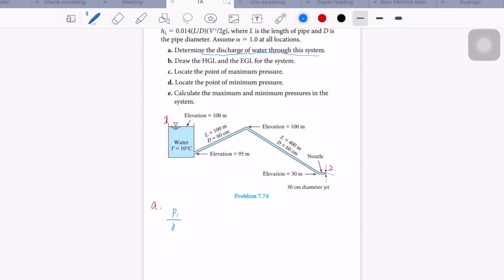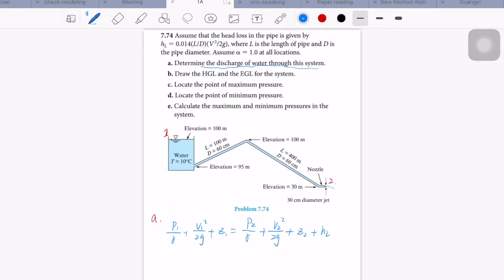P1 over gamma plus V1 squared over 2g plus Z1 equals P2 over gamma plus V2 squared over 2g plus Z2 plus the head loss.